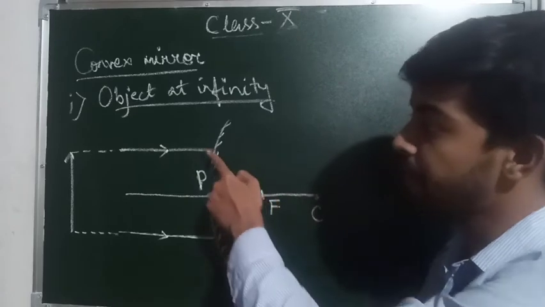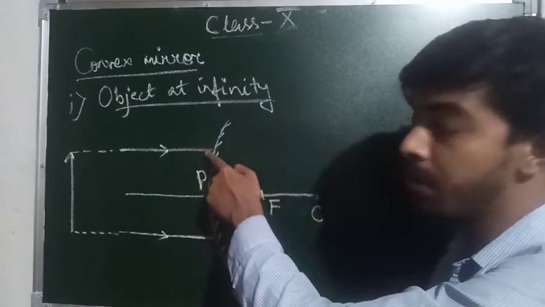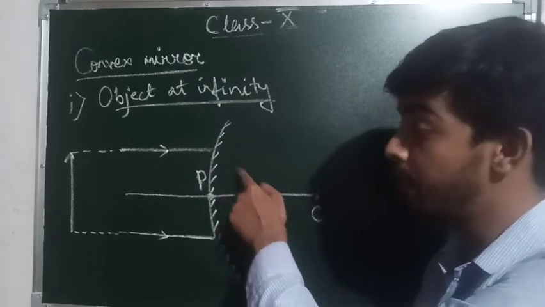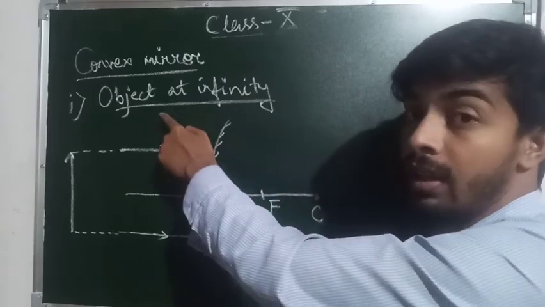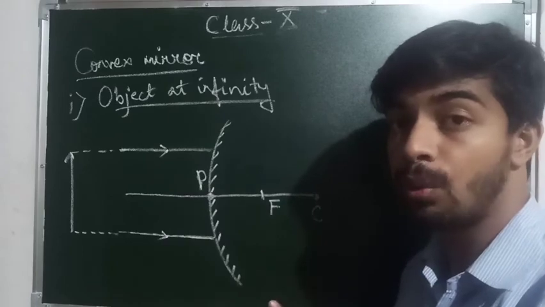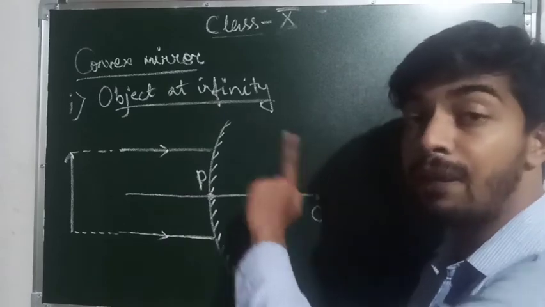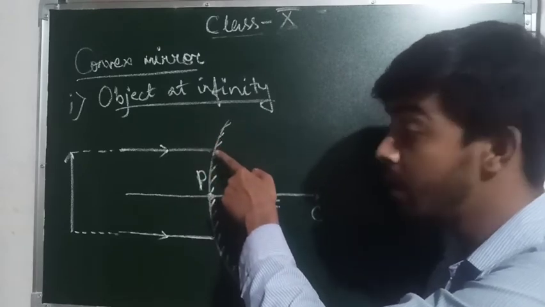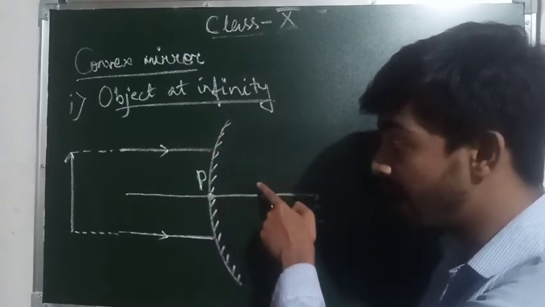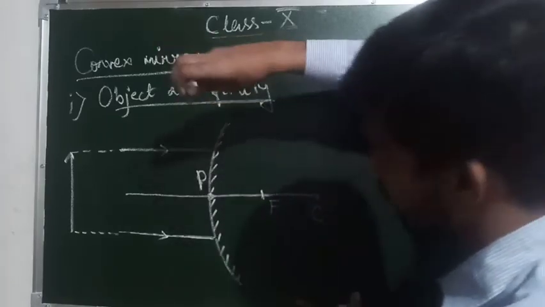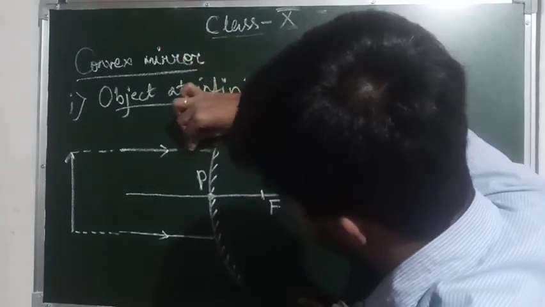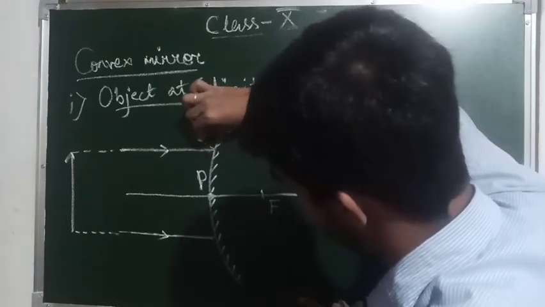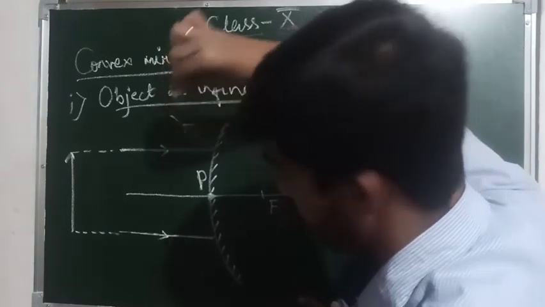Here, after the light falls on the mirror, the light will not come inside the mirror, because the light will be reflected away. But we have to draw it in such a way that the imaginary line of the reflected ray comes and meets at focus. So when the light falls on the mirror, it will be reflected away like this.